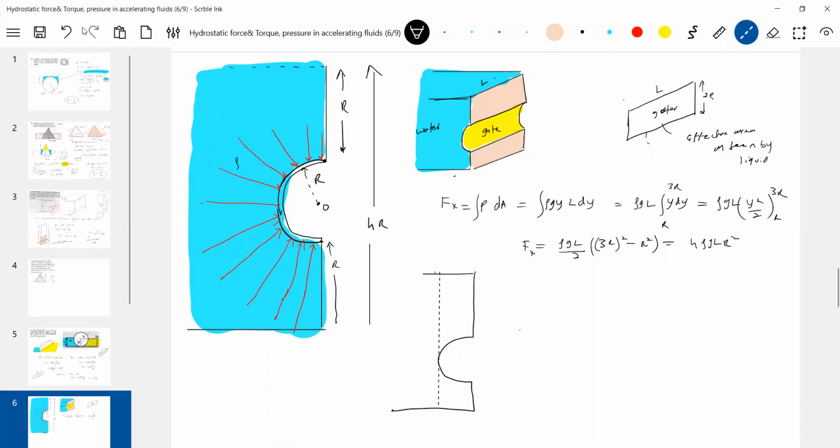The liquid which is present above the gate will exert a force vertically down, and the liquid which is present below the gate also will exert a force. Now what shall we do? Shall we go for the net resultant force?